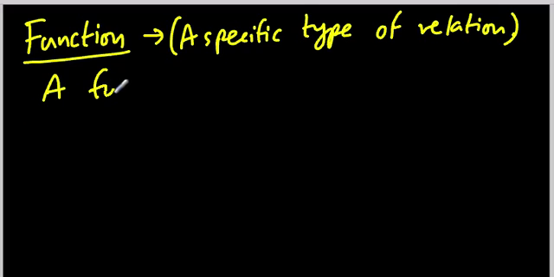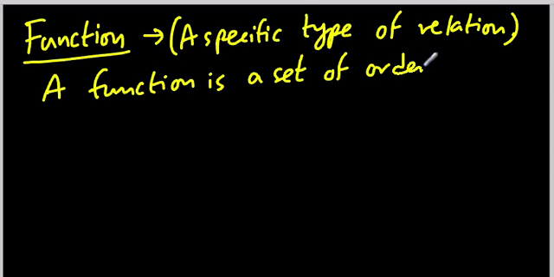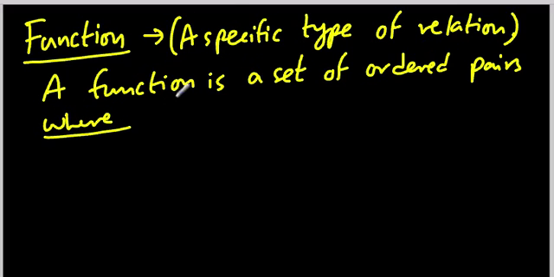A function is a set of ordered pairs where each x value has only one y value. This is how it's specific from a relation.